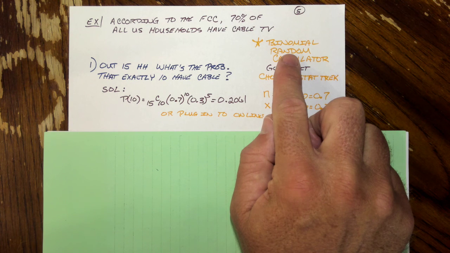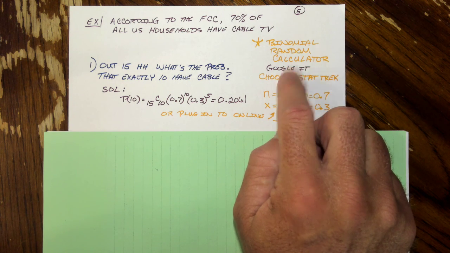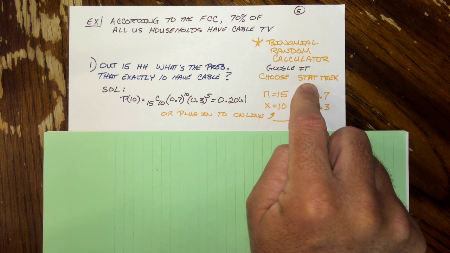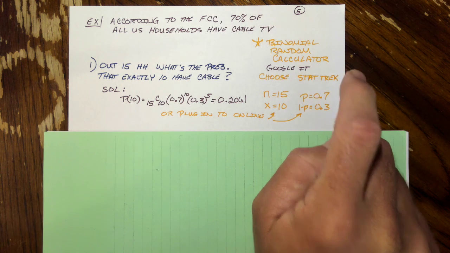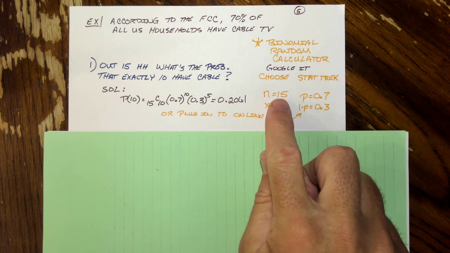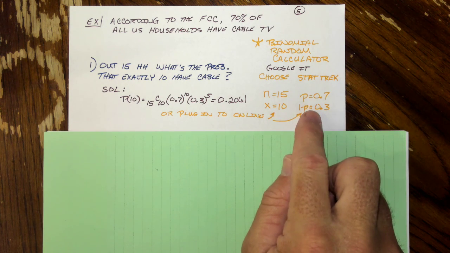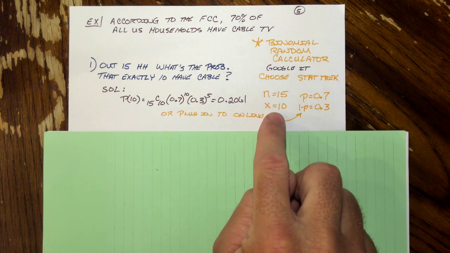Or if you Google binomial random variable calculator, you're going to choose one that says StatTrek, and I would bookmark that site, and plug in this information. All you have to do then is read it. It's already done for you. It's a calculator. And it gives you a couple other options, but right now we said equal to 10.